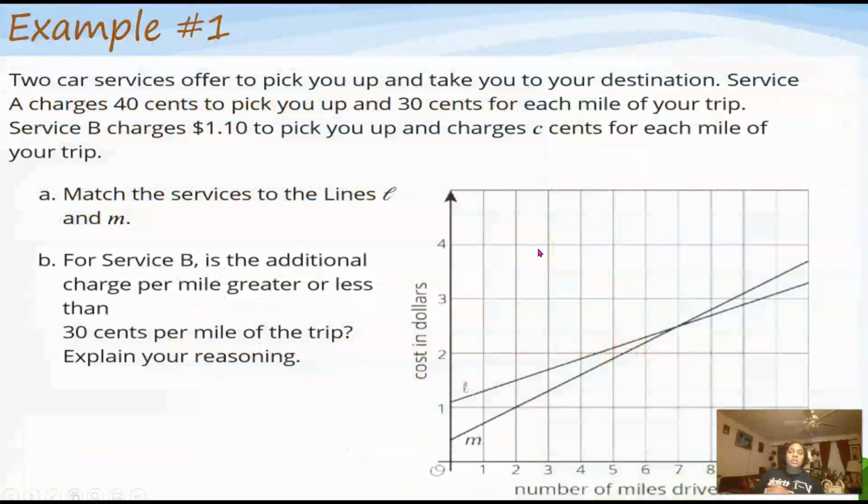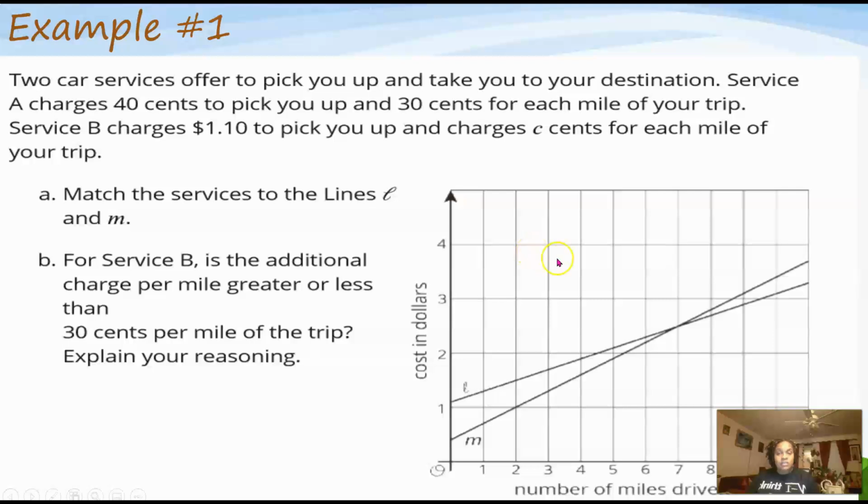So just take a look at an example. 2 car services offer to pick you up and take you to your destination. Service A charges you 40 cents to pick you up and 30 cents for each mile of your trip. Service B charges you $1.10 to pick you up and charges C cents for each mile of your trip.